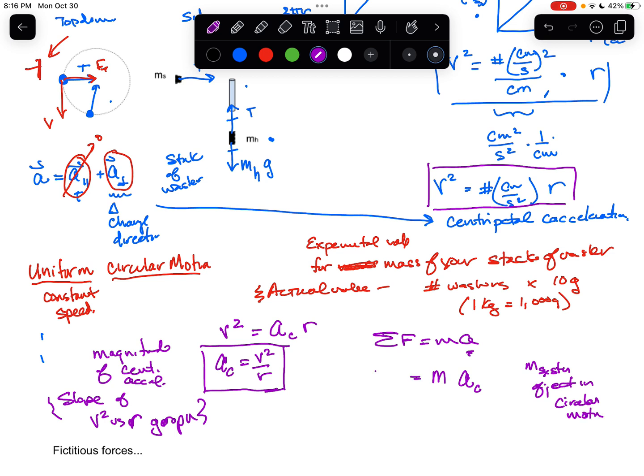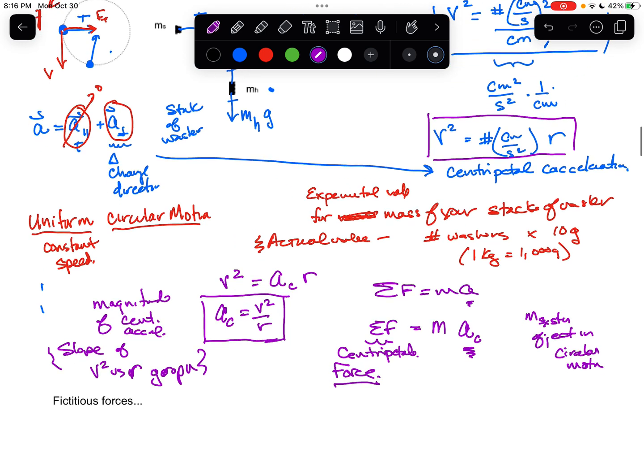And then it's still just equal to this net force. This net force is sometimes referred to as the centripetal force, and it is, again, only forces that are acting directly towards the center or directly away from the center, those perpendicular forces that change direction. So the centripetal force is the new name that this gets in the context of when we're only talking about a change in direction.